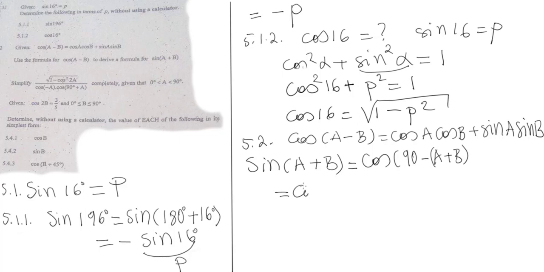We have cos of 90 minus A. We remove the bracket here, and then we can put this into bracket, minus B, the angle B. Now we have this formula, can you see? Let's put all this as A, and this as minus B. So we have cos A minus B somewhere like that.